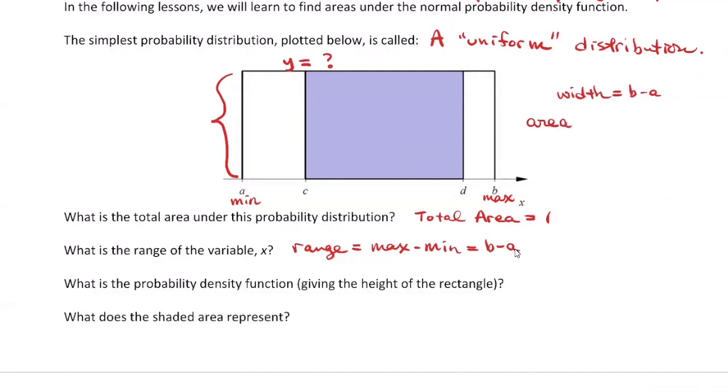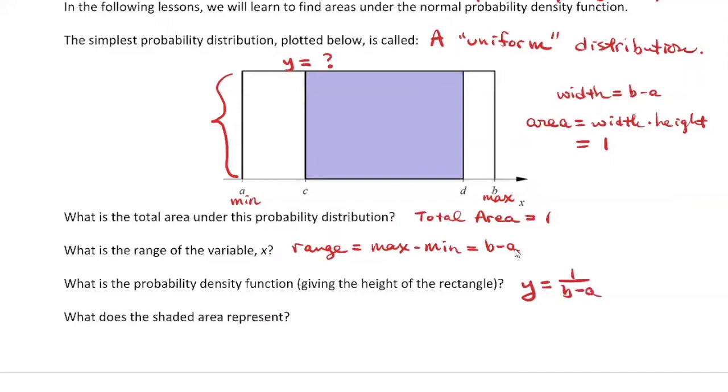Area is width times height. That has to be 1. And if width times height is 1, then these are reciprocals of each other. The only way two numbers multiply to give 1 is if they are reciprocals. So the height has to be the reciprocal of the width, which is going to be 1 over B minus A.